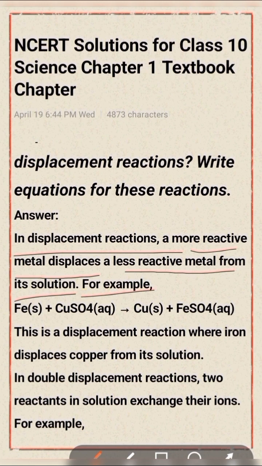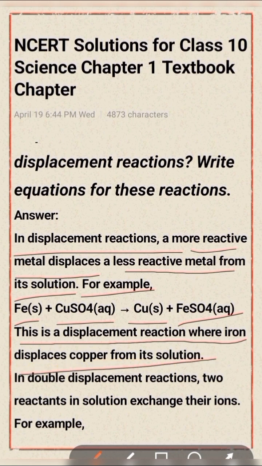For example, iron Fe solid plus copper sulfate aqueous CuSO4 product form copper Cu solid and FeSO4 aqueous. This is a displacement reaction where iron displaces copper from its solution.